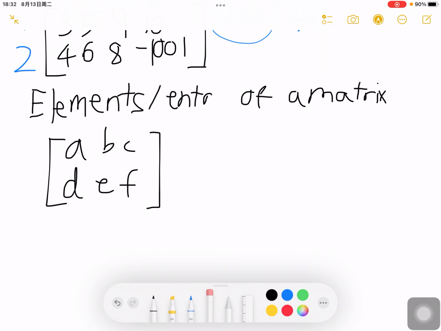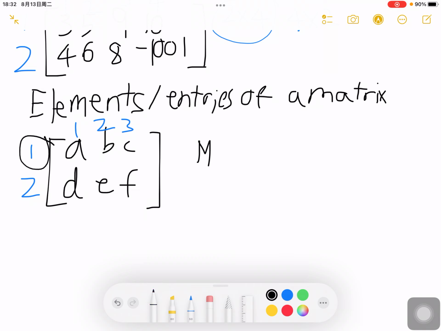So how do we actually describe where the elements are? So for example, in this matrix, well, let's just call this matrix M. If I wanted to describe where B was, then I'd first describe the row it was on and then the column it was on.